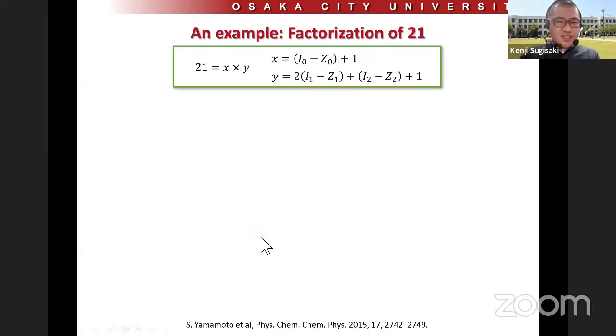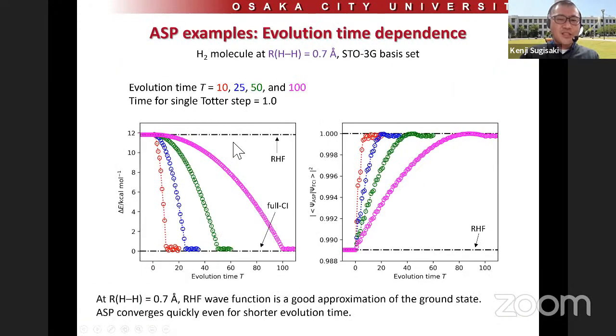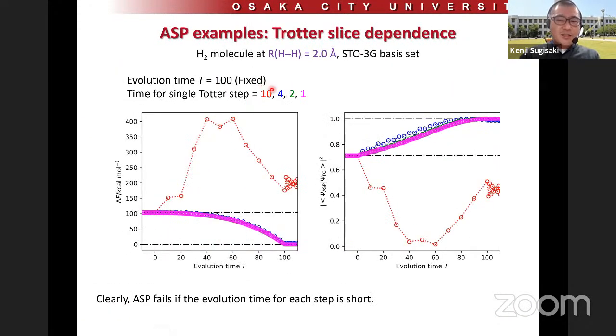But if the time for the Trotter step becomes very long, the Hamiltonian of each step is very different from the previous one. So this is the reason why adiabatic state preparation with longer time steps deviates from the full CI function.